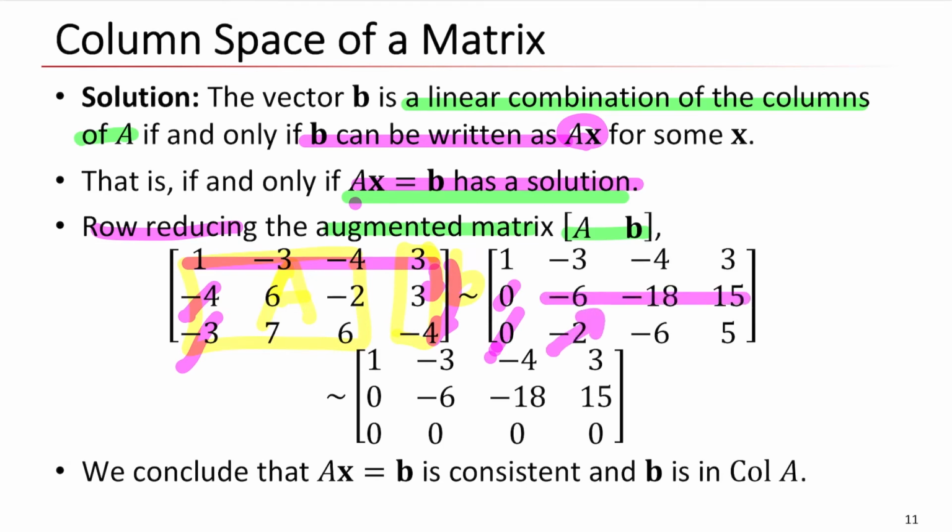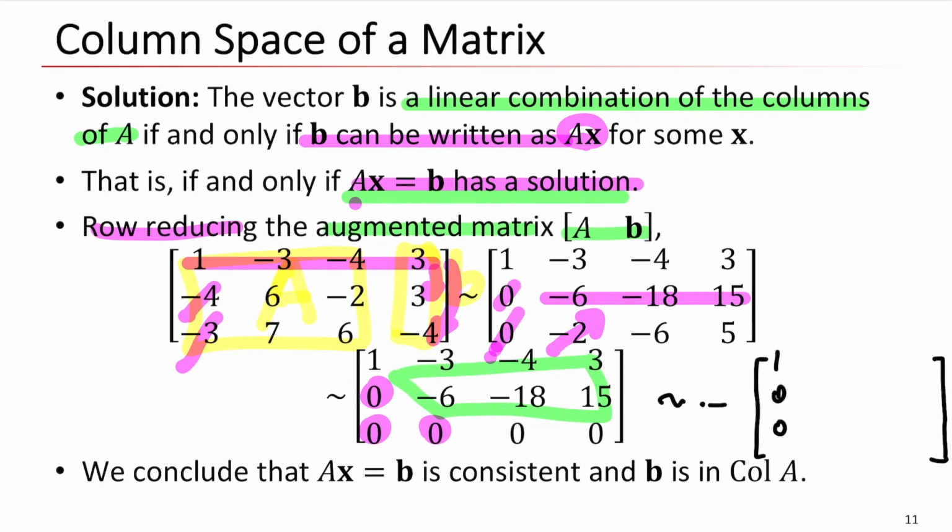We have to remove this one from this one. Okay, so this is the echelon form. We can further row reduce this echelon form into the reduced echelon form, something like this. But to check whether there is a solution or not, the echelon form is enough.